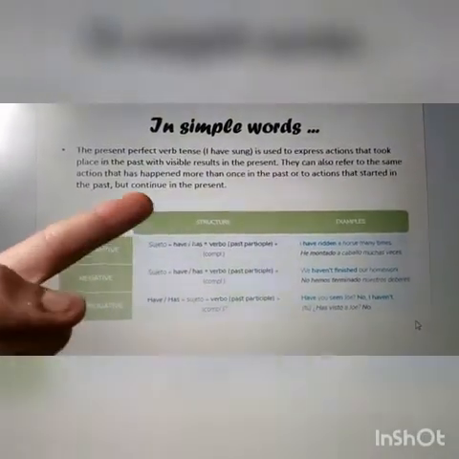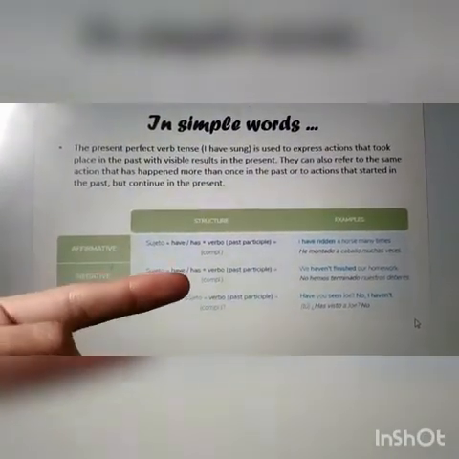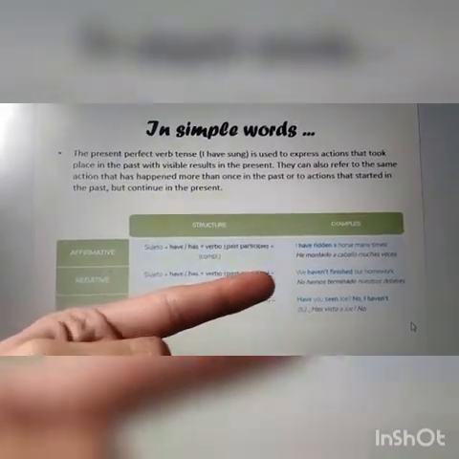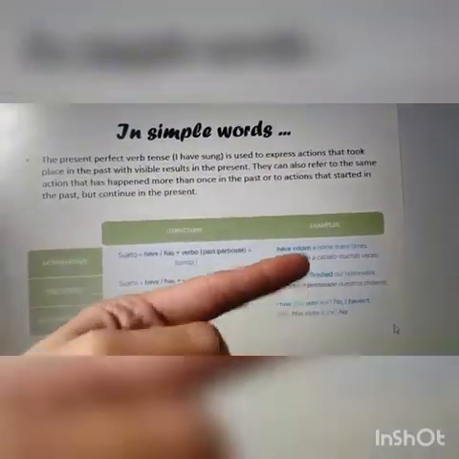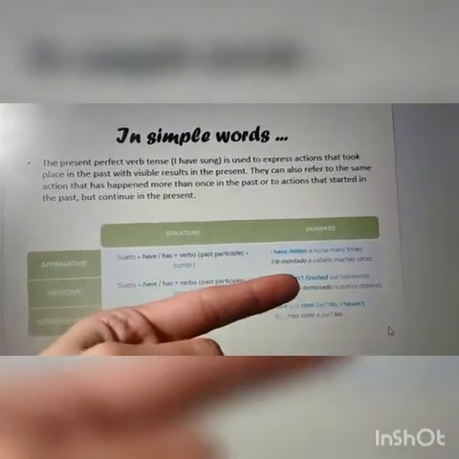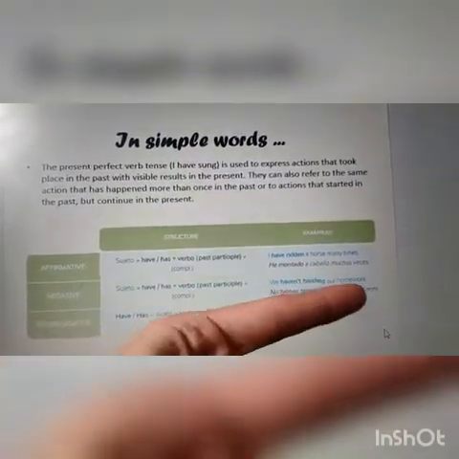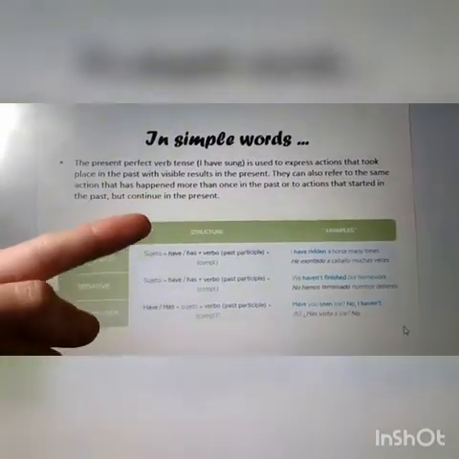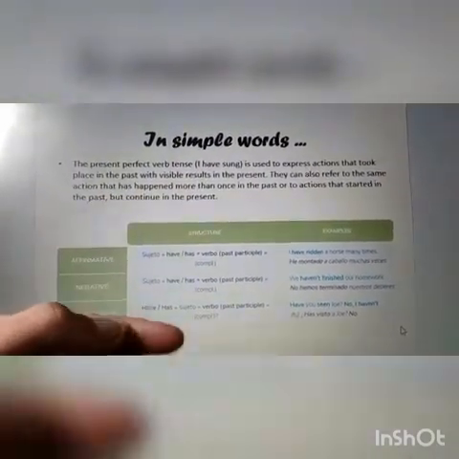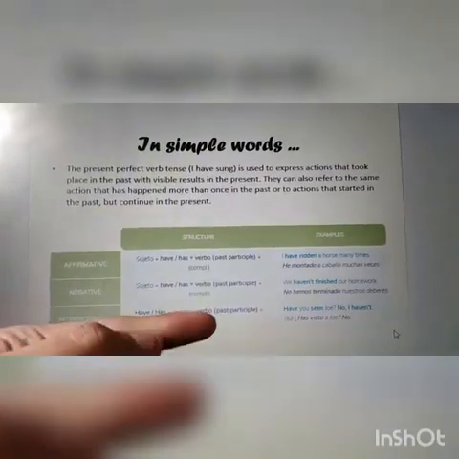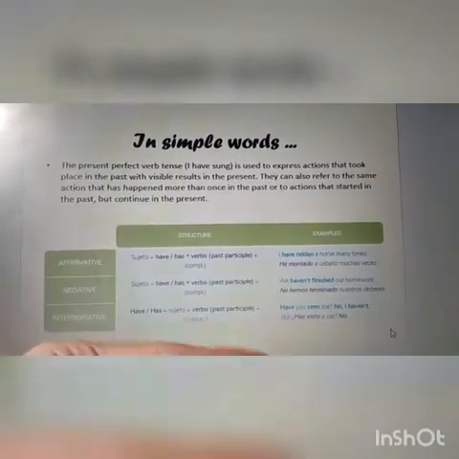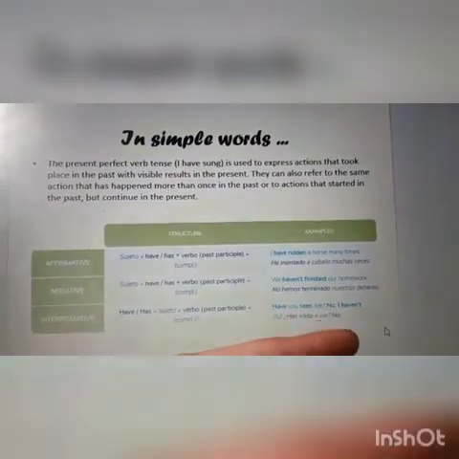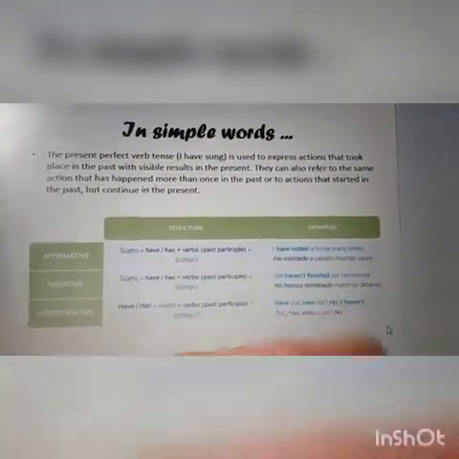Negative structure: subject, haven't or hasn't, verb in past participle. Example, we haven't finished our homework. Interrogative structure: have or has, subject, verb in past participle. Example, have you seen Joe? No, I haven't.